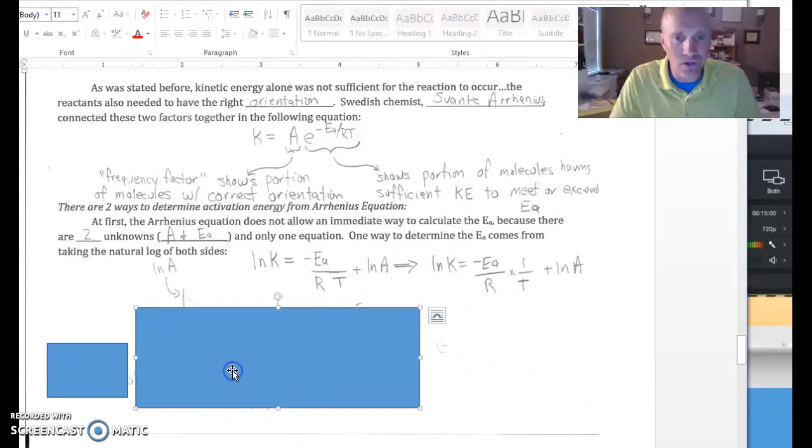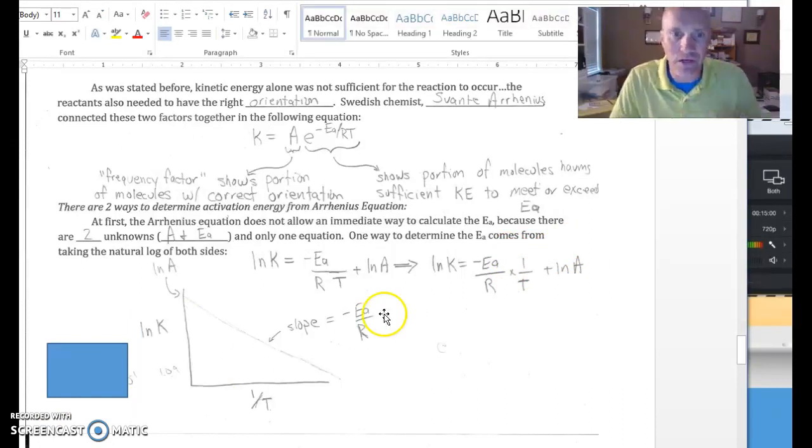All right, so hopefully you recognize if we were to take this, let's say that we were to run this reaction several times at different temperatures.